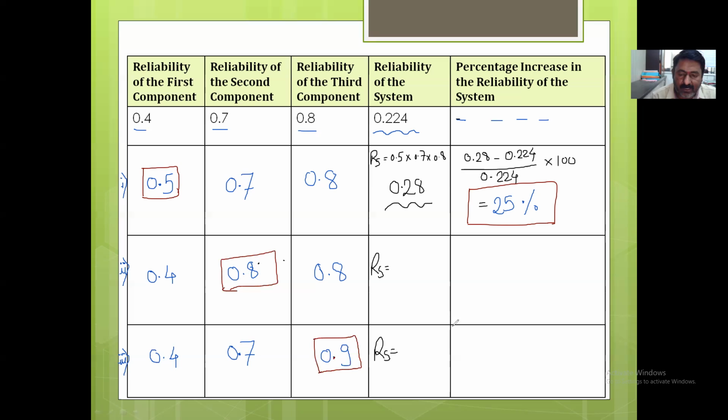Here I will mention R_ES, and for your understanding I will say minus 0.224, it is constant, divided by 0.224 into 100. So you will get some value, and here also whatever value you get, minus 0.224 divided by 0.224 into 100 is equal to. Take 5 minutes, calculate slowly, no problem.